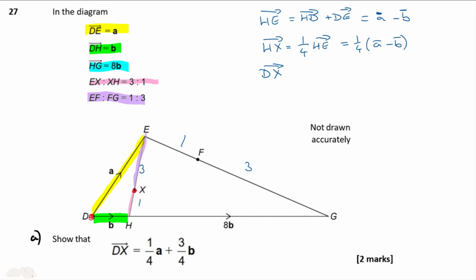Right, and then finally, D to X. D to X is D to H, which we know, plus H to X, which we know.